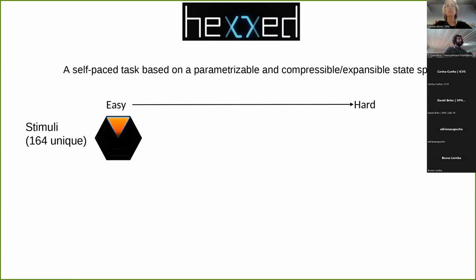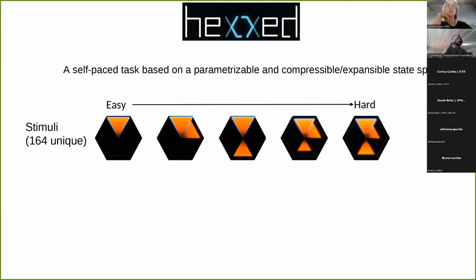So this is a bit hard to wrap our heads around, but the important piece to understand is that our task is parameterizable and its state space is expansible or compressible. So we can go from a very easy trial where we show you one target or one city to all the way to higher and higher difficulties.